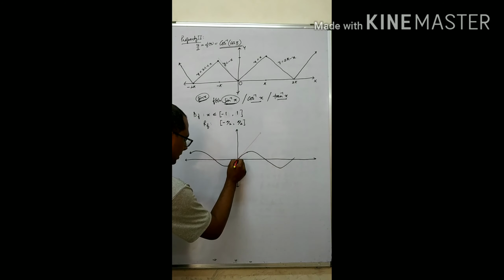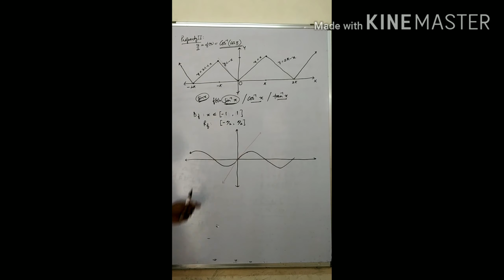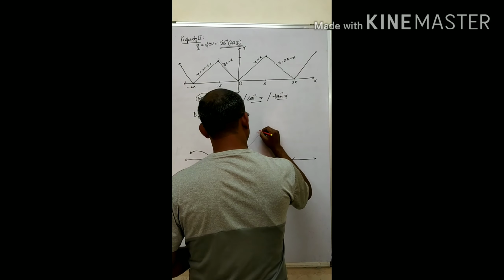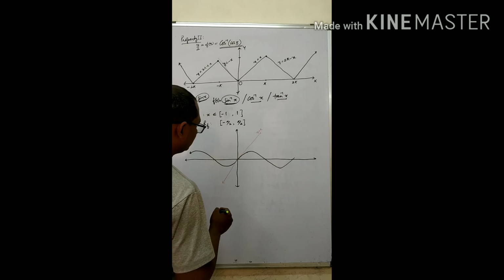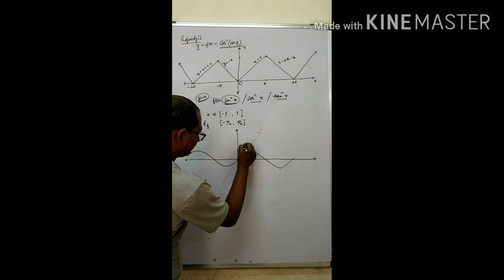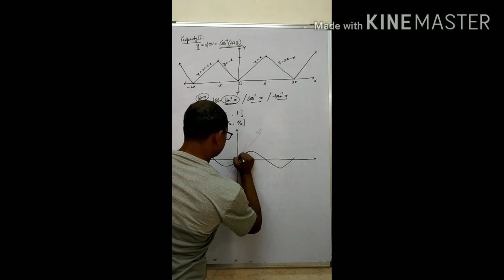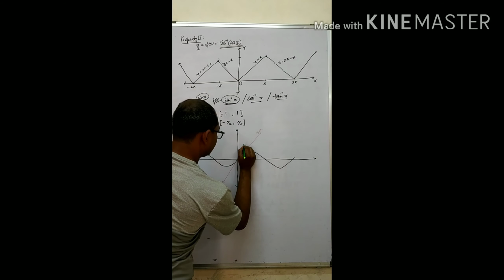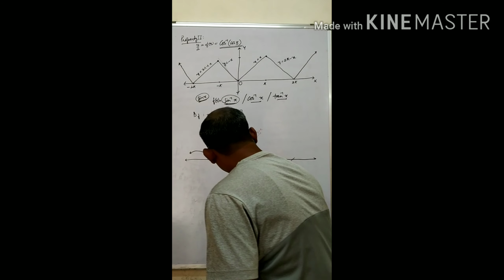Take the image of this graph on this line. I hope it is visible. Let me draw the graph with a different color. This part, if I take the image, will look like this. And this part, if I take the image, will look like this.